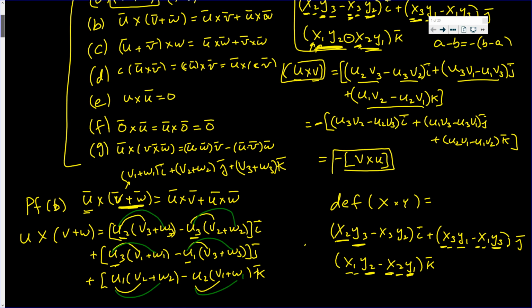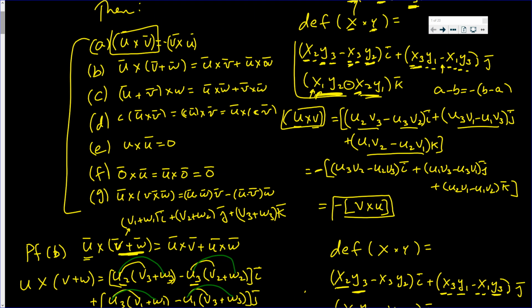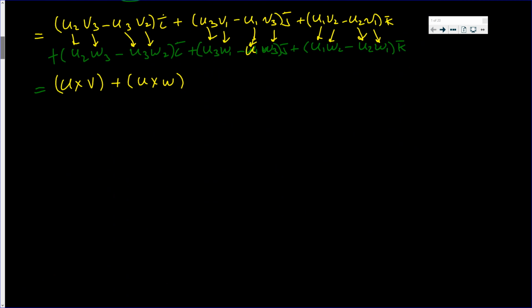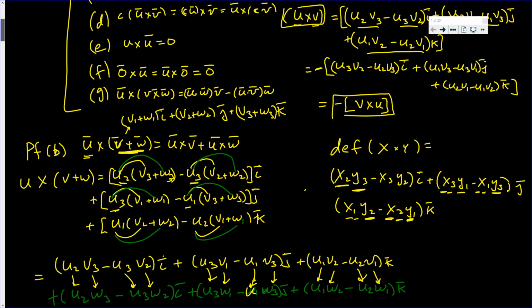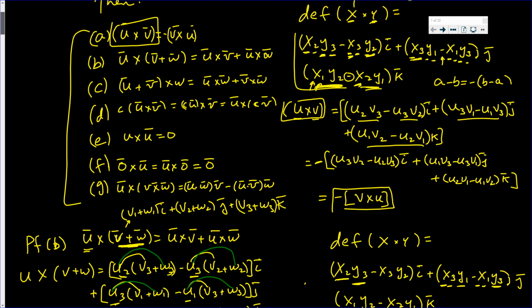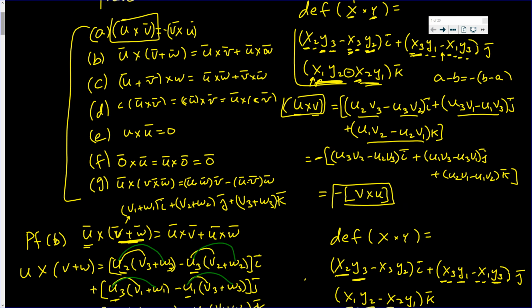Let us look at letter C. U plus V cross W. U plus V cross W. I want to see something.